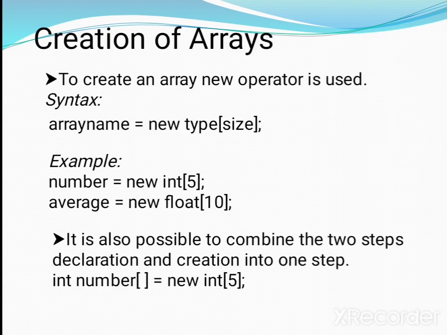Creation of arrays. After declaring the array, we need to create it in the memory. To create an array, the new operator is used. Syntax for creating an array: array name is the name of the array, new is the operator, type is the data type, that is int, float and char, etc., and size is the size of the array.